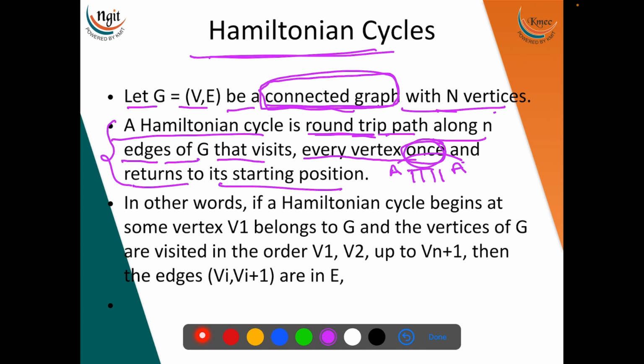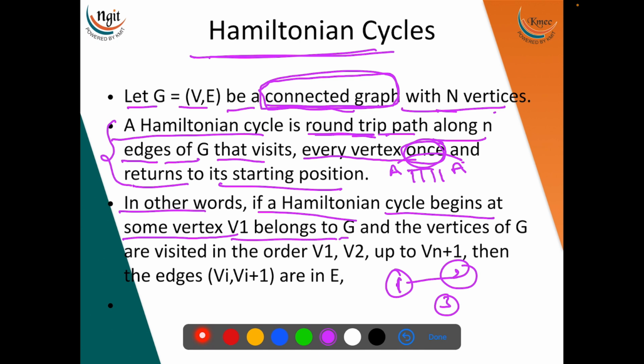In other words, if a Hamiltonian cycle begins at some vertex V1, which belongs to graph G, and the vertices of G are visited in the order V1, V2, that is the visited order.